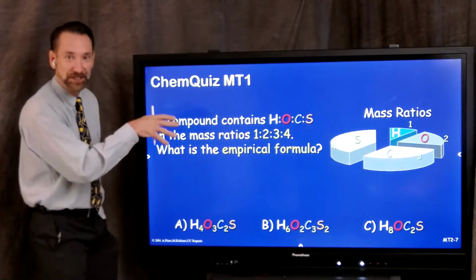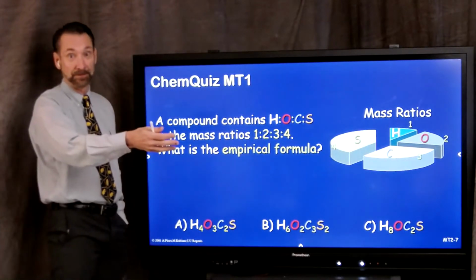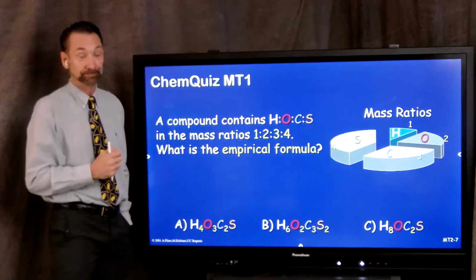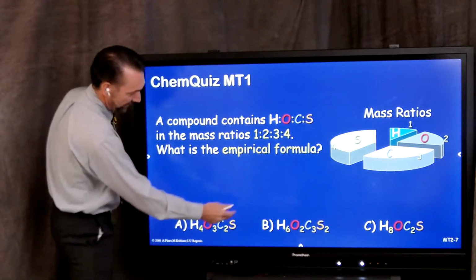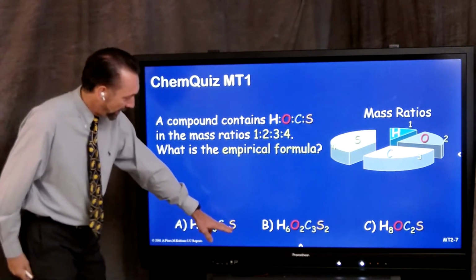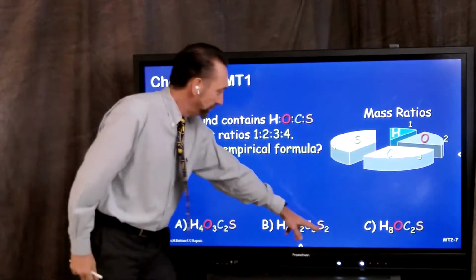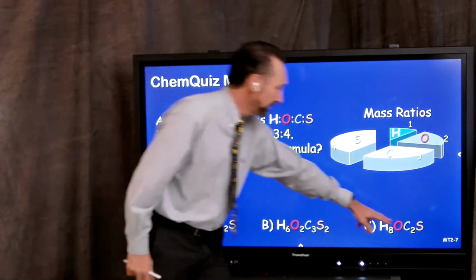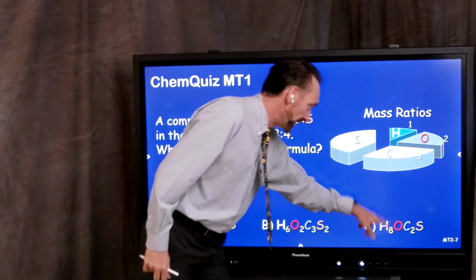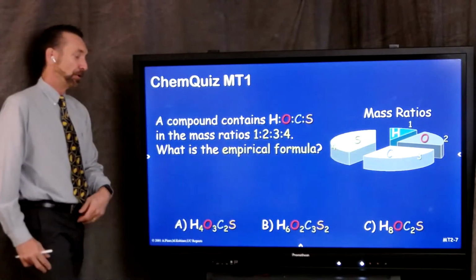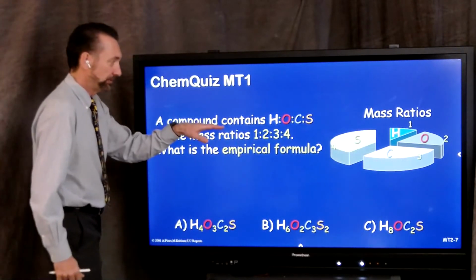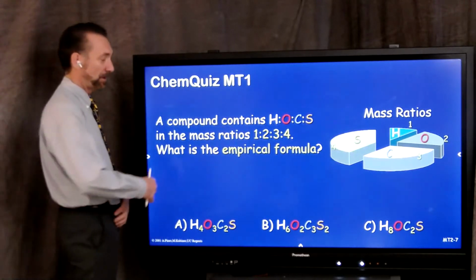How does that mole ratio relate to the empirical formula? So is it 1, 2, 3, 4, 2, 3, 2, 6, or 1, 2, 1, 8? So empirical formula to mole ratios, let's talk about that one.